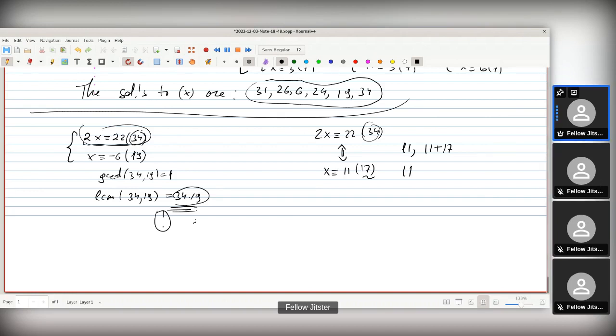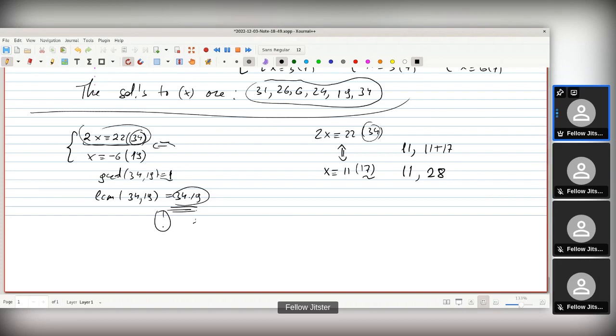So modulo 34, we have these solutions: 11 and 28. Do you agree? Yeah. Hence, we can do the following trick.